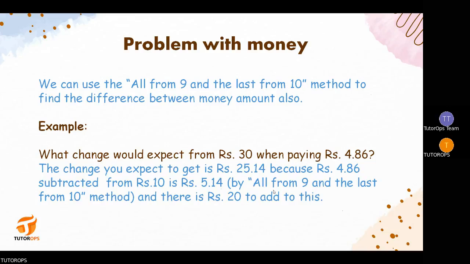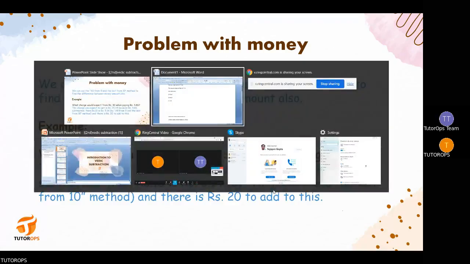We can use the all from 9 and the last from 10 method again to find the difference between money amounts also. For example, what change would you expect from rupees 30 when paying rupees 4.86? Let me discuss the example.